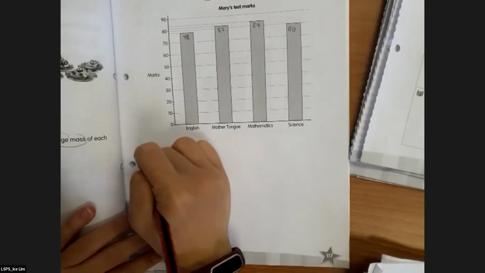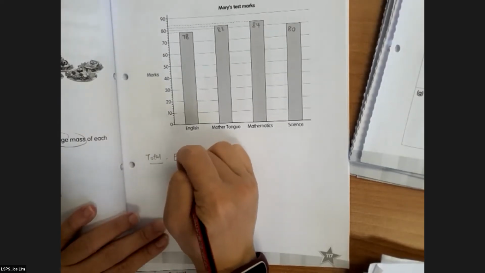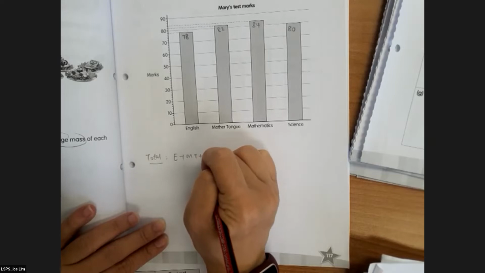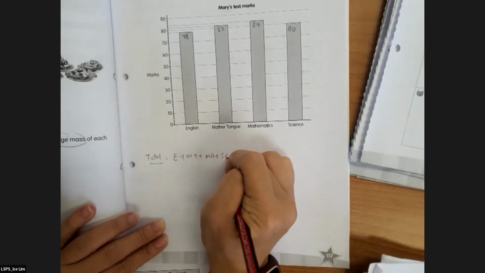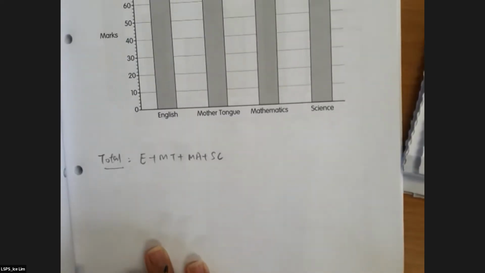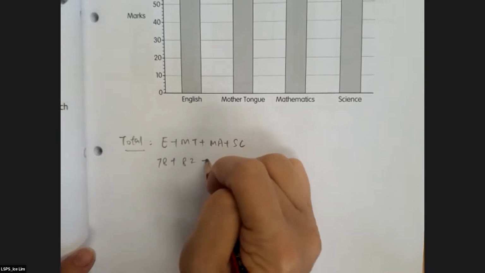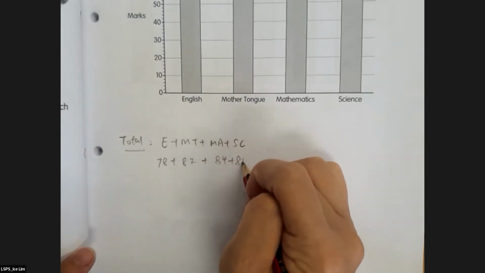The usual way will be total number of marks. Total: I use English plus mother tongue plus maths plus science. Add up everything, add up all the scores. So you have 78 plus 82 plus 84 plus 80.